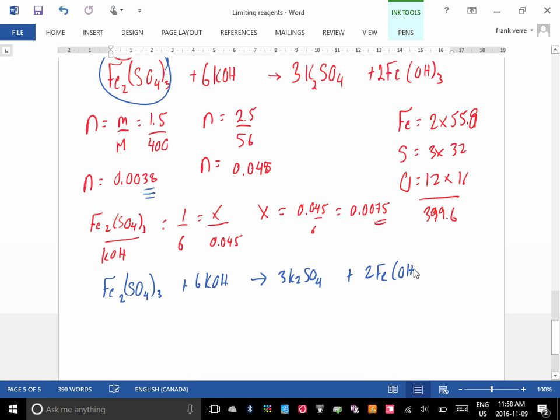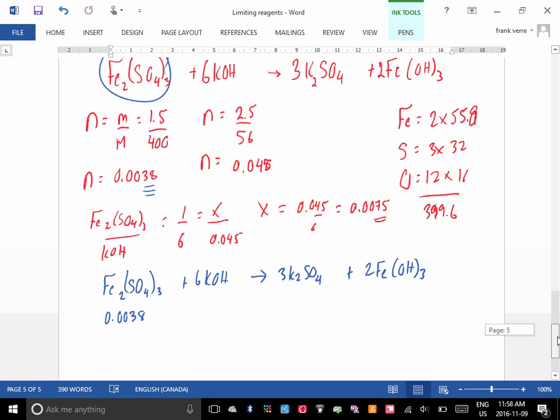Okay, so we worked out the limiting reagent, right? It was iron 3 sulfate. How many moles of potassium hydroxide then do we actually use up?